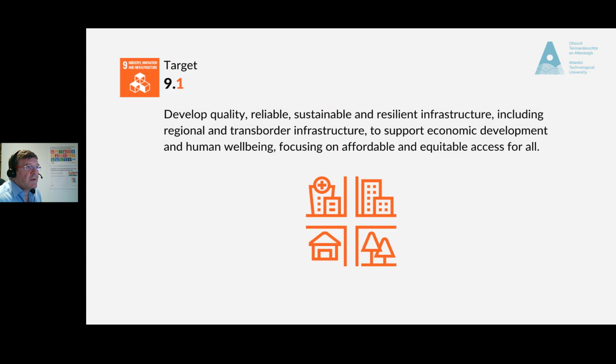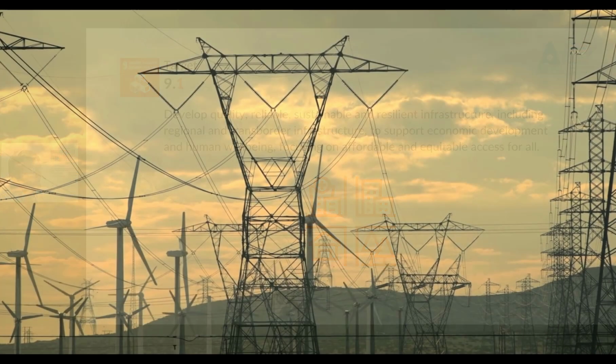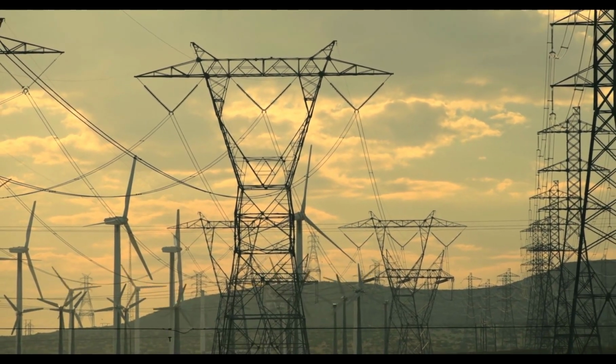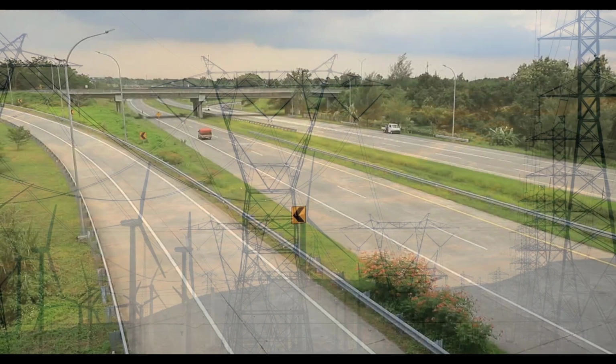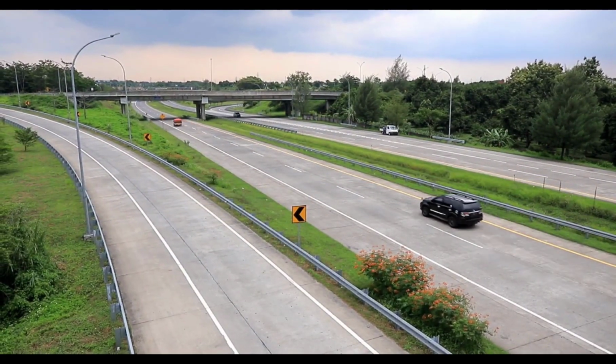Target 9.1, develop quality, reliable, sustainable and resilient infrastructure, including regional and trans-border infrastructure to support economic development and human well-being, focusing on affordable and equitable access for all. The development of infrastructure networks is intimately connected with poverty reduction. However, would we work here in Ireland if we didn't have good infrastructure?